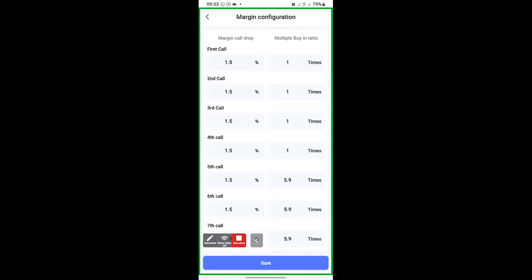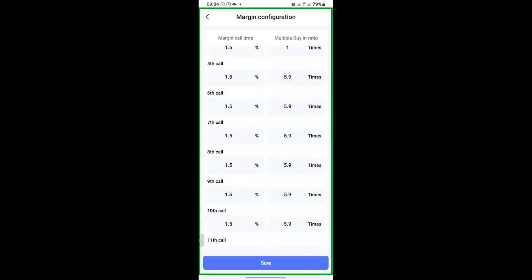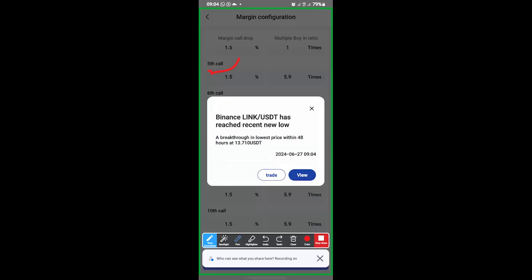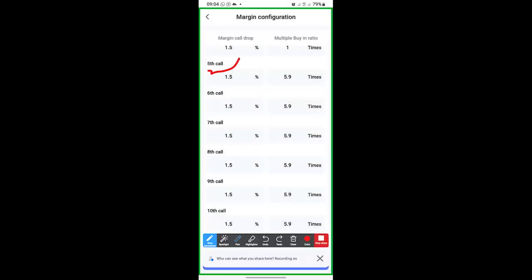According to this strategy, since we are concentrating on subpositions, and remember the best part of subpositions is simply from the fifth margin call, that means I need most of my capital in subpositions because it's where the robot keeps selling and buying when the market is down. That means you have to put big figures here.